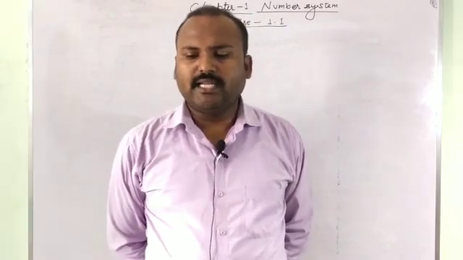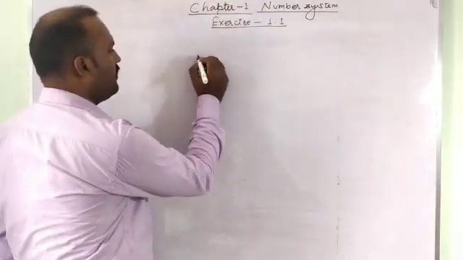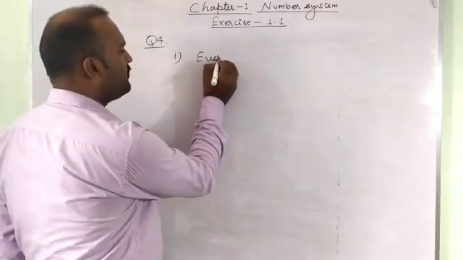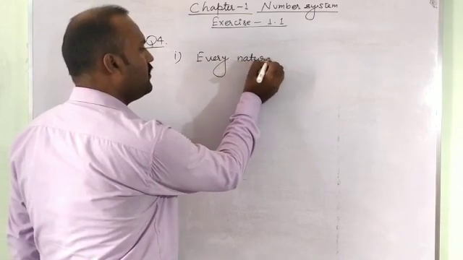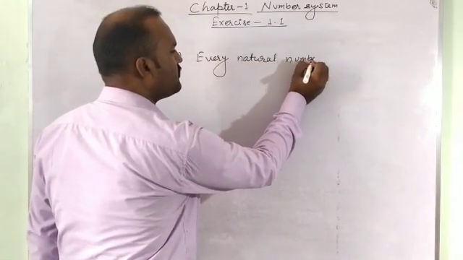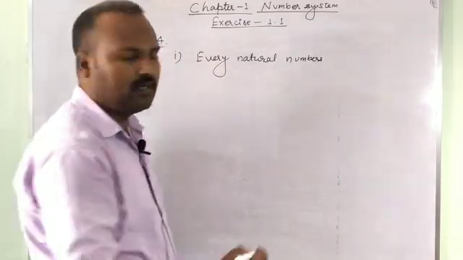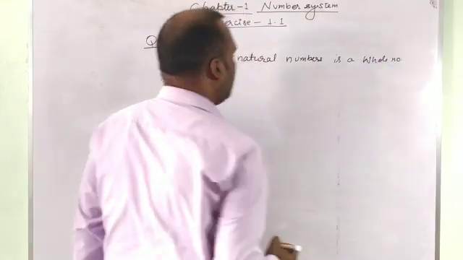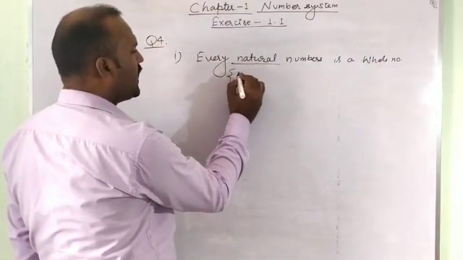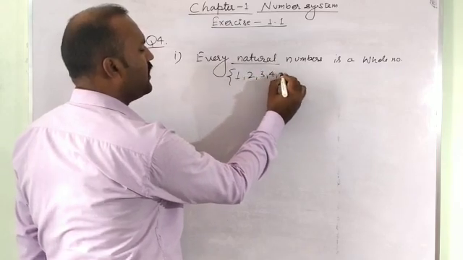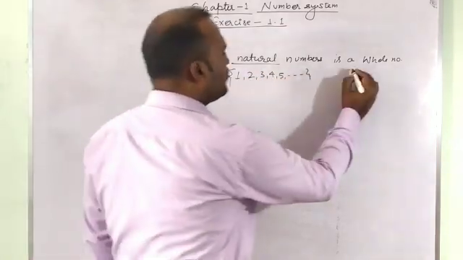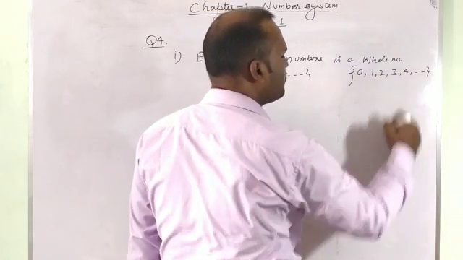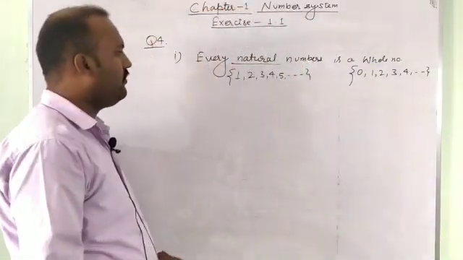First is given: every natural number is a whole number. Now see, natural numbers are 1, 2, 3, 4, 5 and so on. And whole numbers are 0, 1, 2, 3, 4 and so on. Now see carefully.